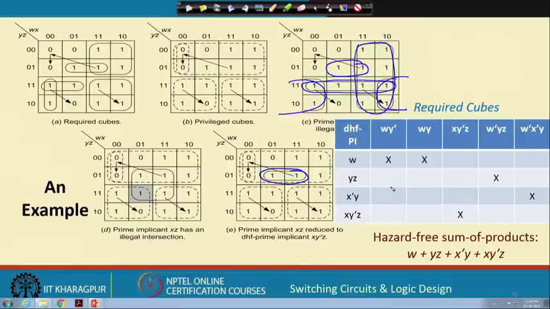These are the cubes and you need to include all of them. If you implement it like this, this will be a hazard free realization, this is ensured.